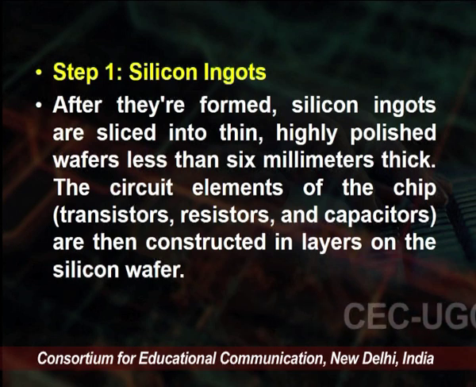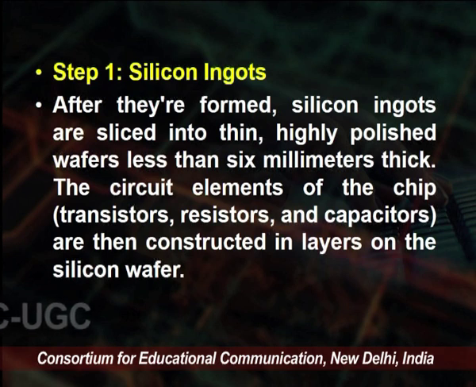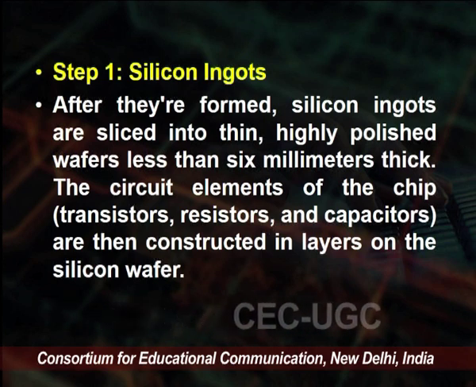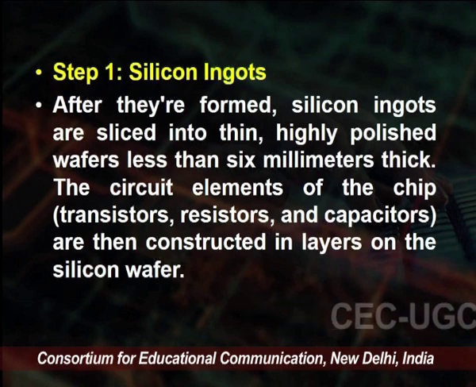The circuit elements of the chip, the transistors, resistors and capacitors, are then constructed in layers on these silicon wafers. Circuits are developed, tested by simulations and perfected on the computer system before they are actually built.